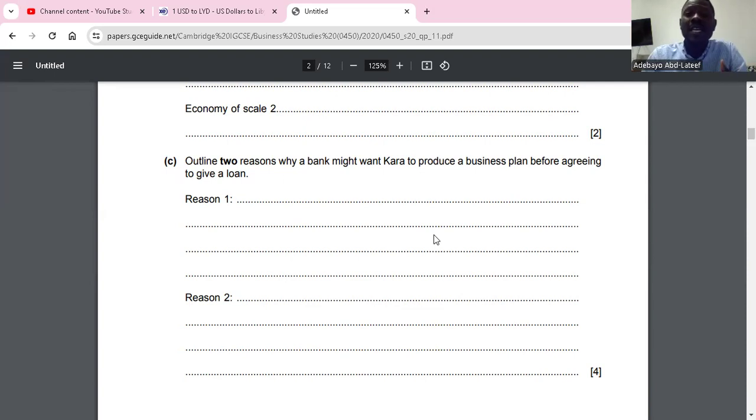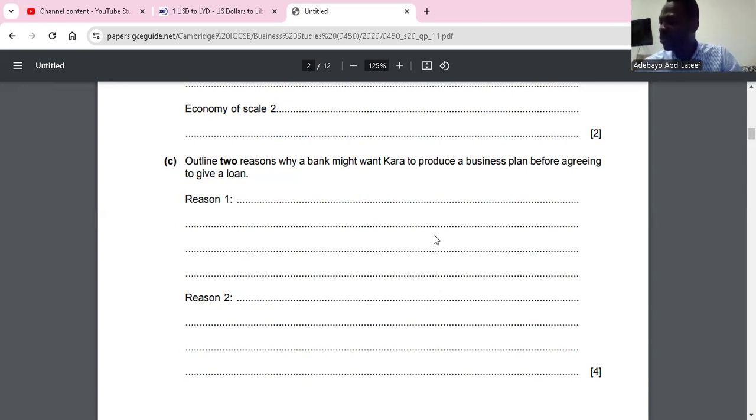So what are the reasons why the bank manager would need a business plan from Kara? One, a business plan is needed because it's a loan. Whatever the case might be, you have to take into consideration that a business like this needs the bank for what? It's definitely going to be for a loan. So the bank manager would need a business plan from Kara to understand its assets to be able to use for collateral.